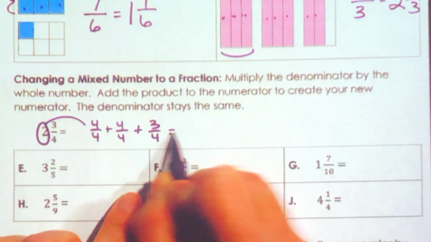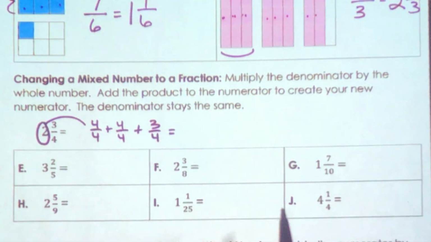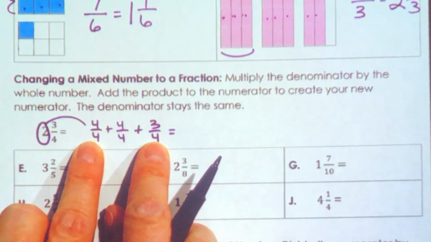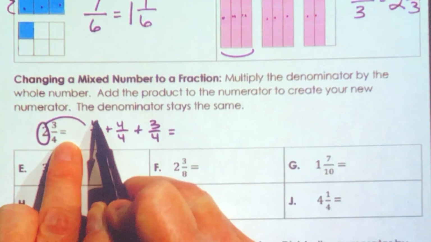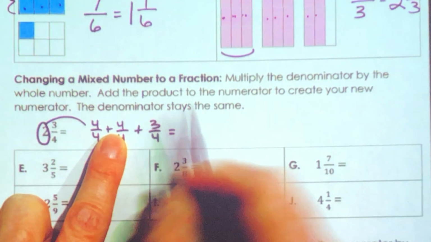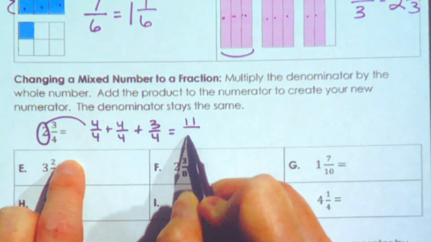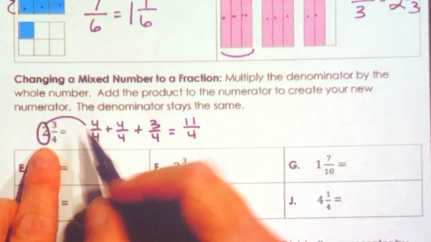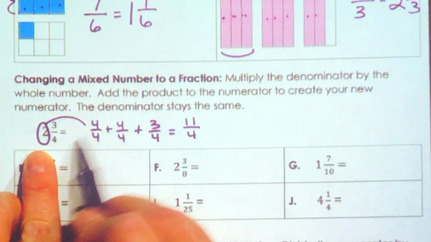And we had talked about when you're adding fractions, if I have 4/4 and another 4/4 and then 3/4, I have 4 and another 4 makes 8 and another 3 makes 11. So I would have 11/4. So that's one way to go from 2 3/4 to 11/4.